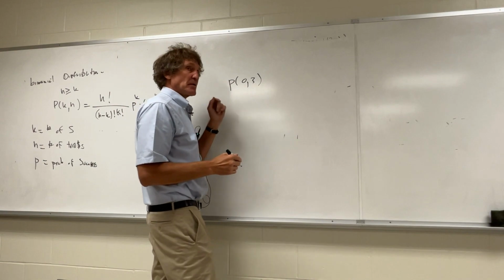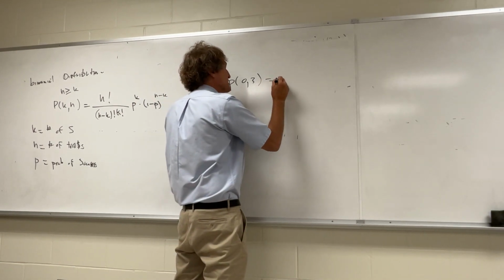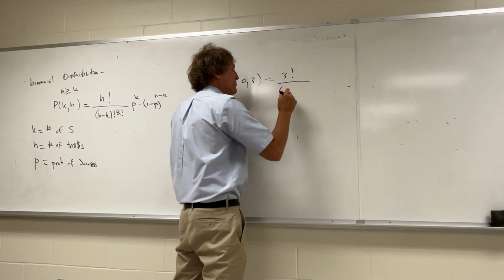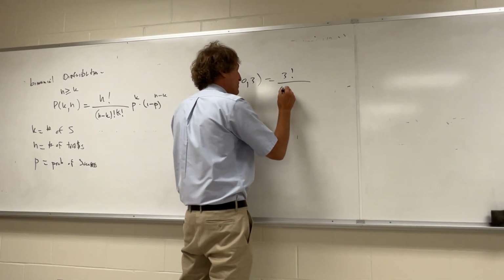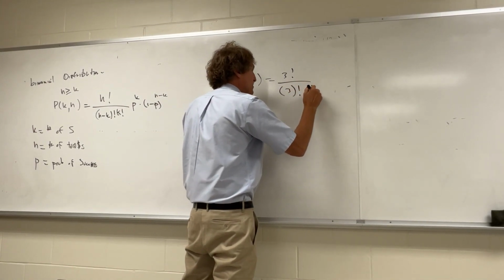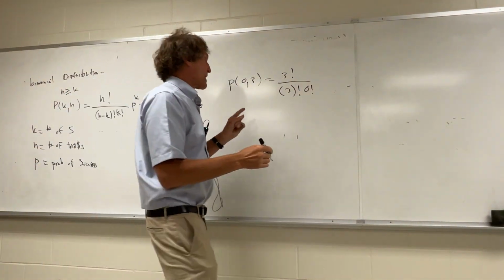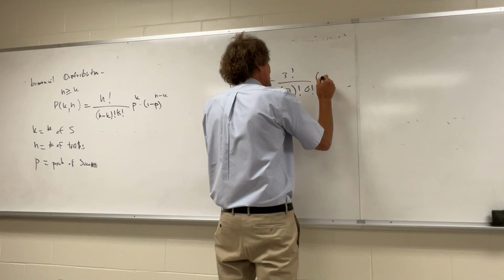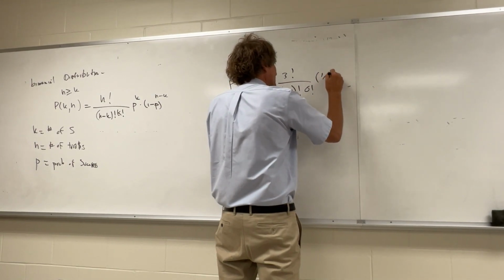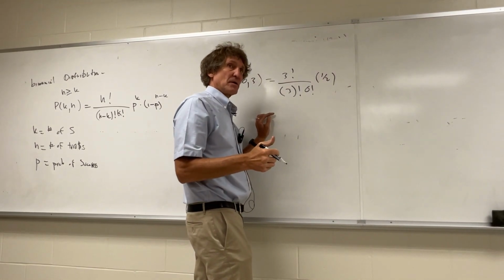Here, n is going to be 3, k is 0. So this is 3 factorial over n minus k, which is 3 minus 0, so 3 factorial, times 0 factorial. What's 0 factorial, class? 1. Right, times the probability of success. In this case, it's just going to be 1/2, right? If we're tossing a coin, it's a fair coin.